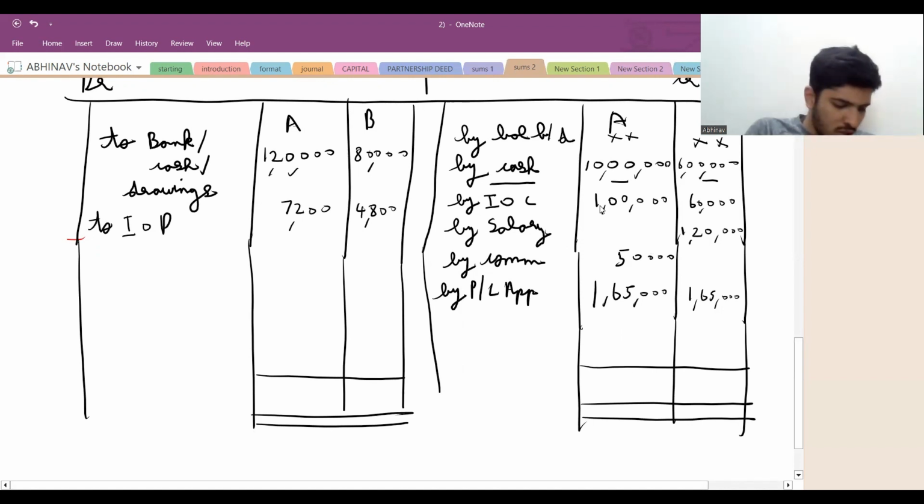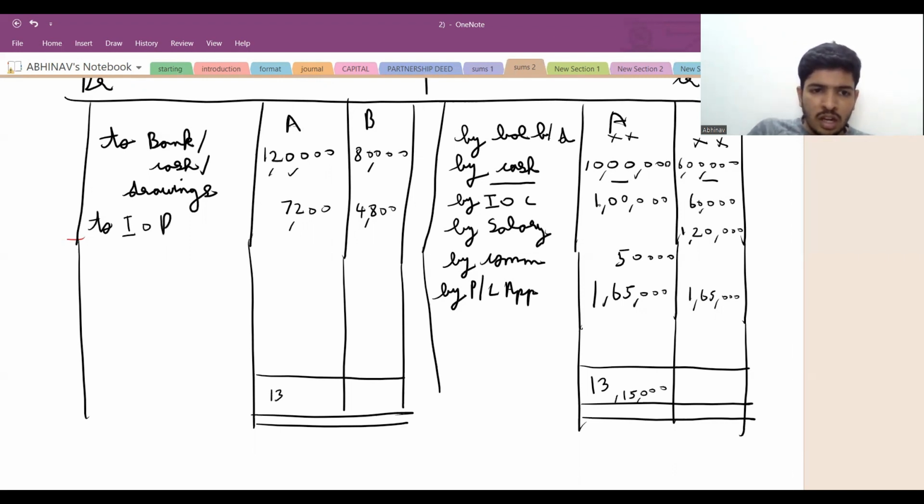So it's 10 lakhs plus 1 lakh plus... I'm using a calculator because I want to explain the concept and go to the next concepts. You have to do mental math when you're doing revision. It's 13 lakh 15,000. So you write 13 lakh 15,000 here.